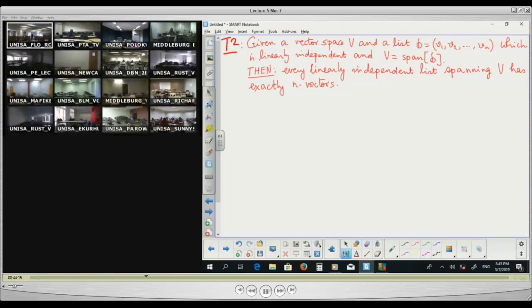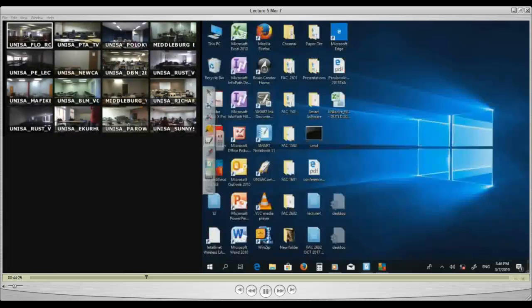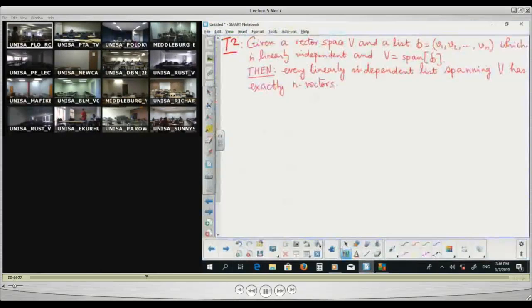It also says, therefore, that it is the largest size of a linearly independent list which can span V. Okay?